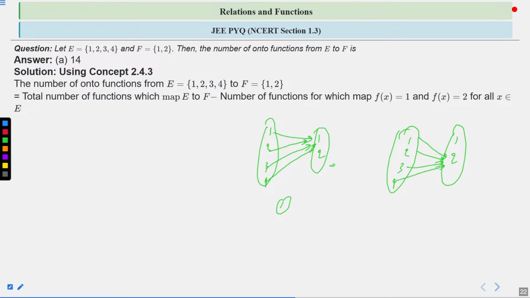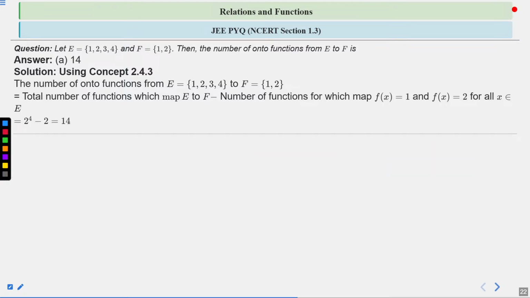For these two cases, you will not get an onto function, because it is an into function, where the codomain is not equal to the range. So the number of onto functions will be equal to the total number of functions minus the number of functions for which f(x) = 1 only and f(x) = 2 only. So the total number of onto functions will be 2 to the power 4 minus 2, which is equal to 14. Got it? Therefore option A is the correct answer.